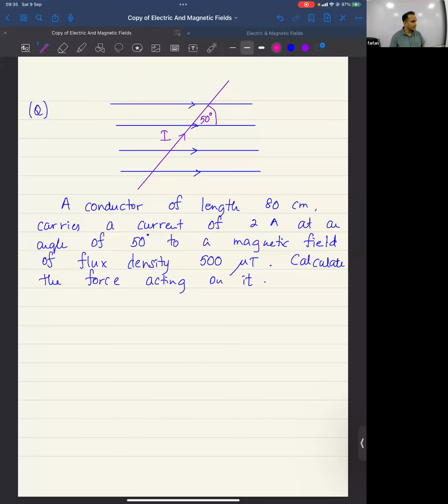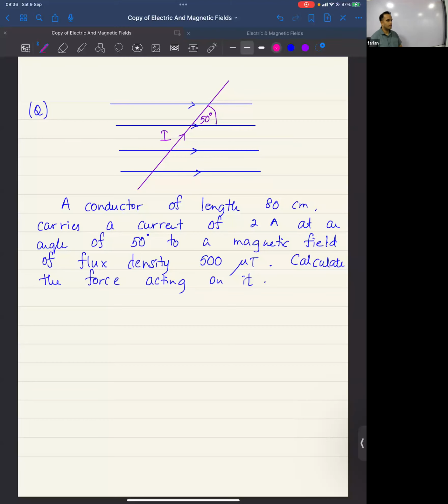A conductor of length 80 centimeters carries a current of 2 amperes at an angle of 50 degrees to a magnetic field of flux density 500 microtesla.